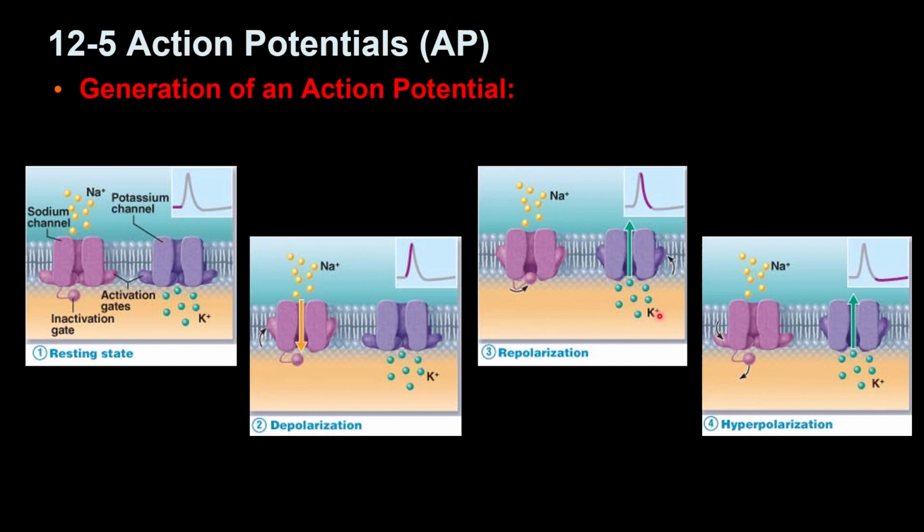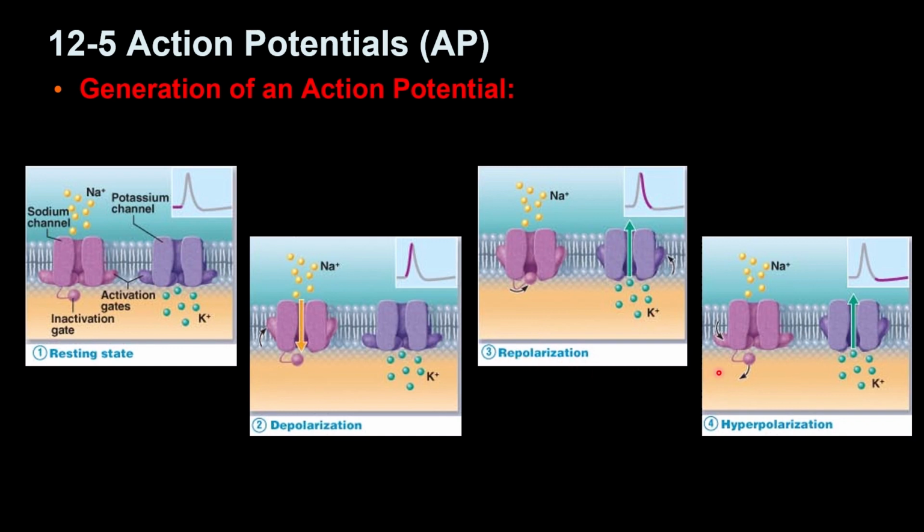Potassium is positively charged, so once it leaves, what will happen? Inside the cell becomes more negative. See, now the cell is losing positive charges, becoming more negative. This is called repolarization.